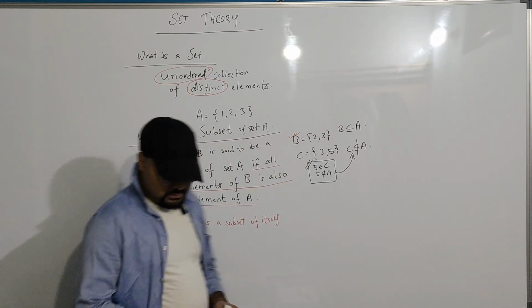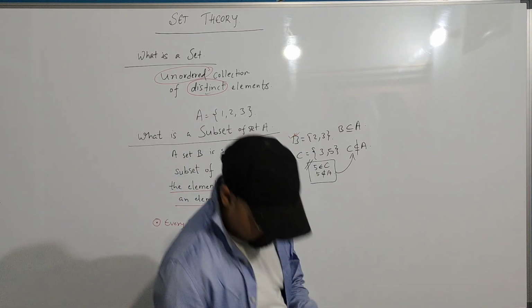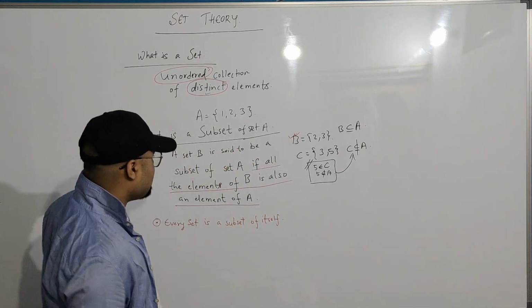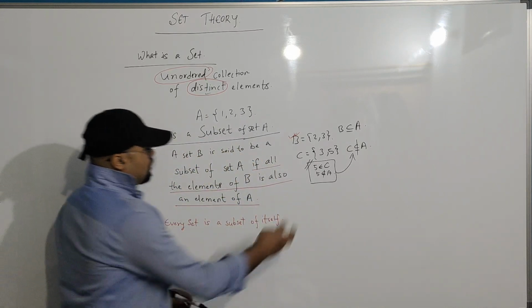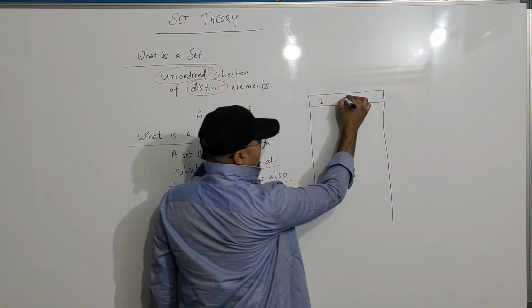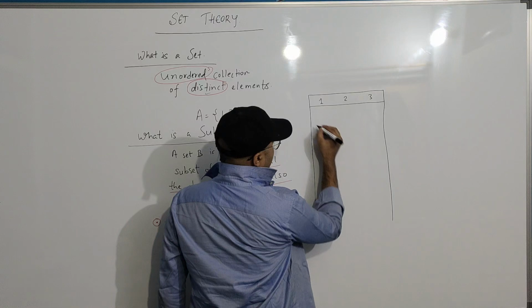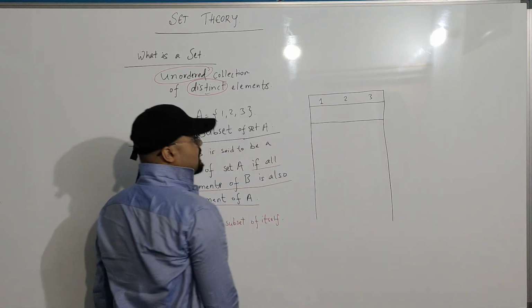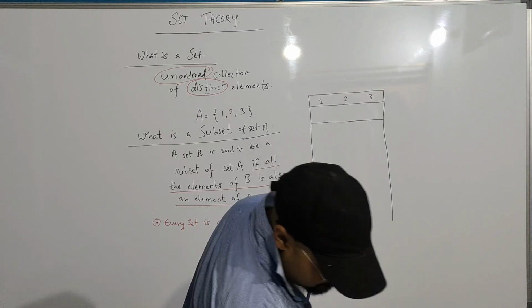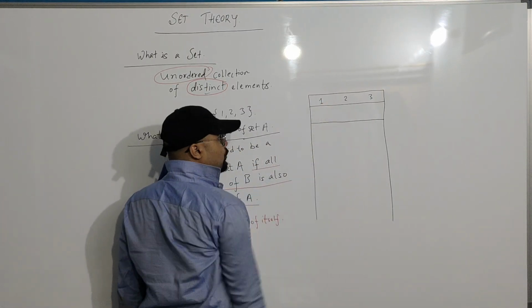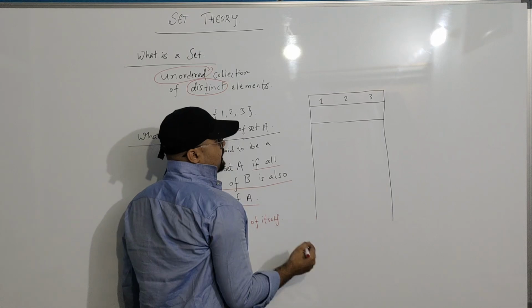So let me write all possible subsets of A. The elements of A are 1, 2, 3. One of the subsets is the set itself, and that is when we choose all of the elements to be part of my subset.